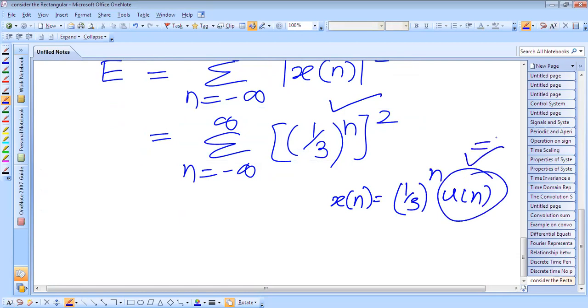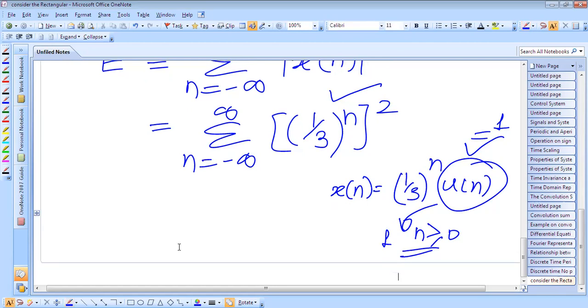So this is equal to 1 for n greater than or equal to 0. That's why we have taken the value of u of n equal to 1.